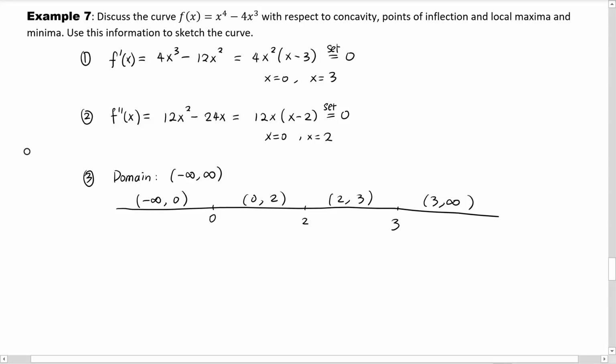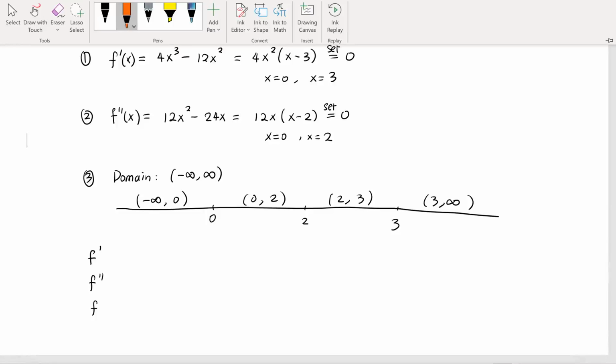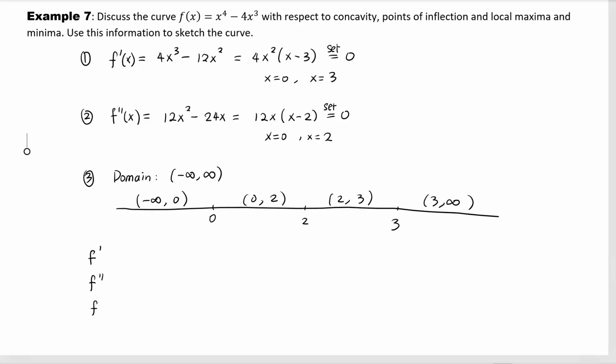Here we're going to have a big table, because instead of just looking at f prime and f, or f double prime and f, we look at all 3: f prime, f double prime, and f. For f prime, we want to fill in whether it is positive or negative.